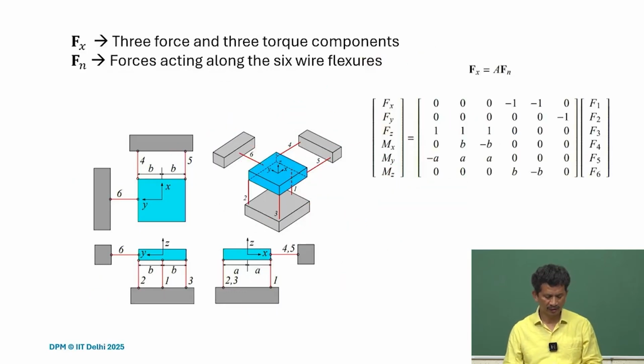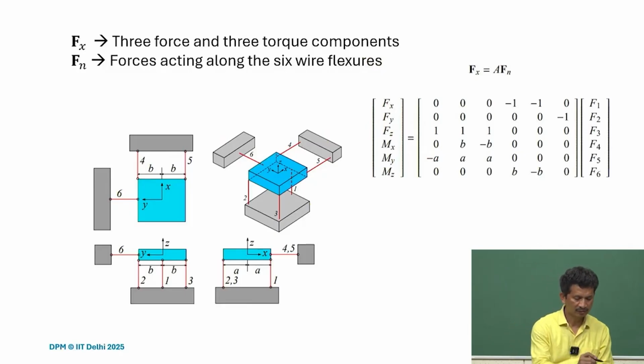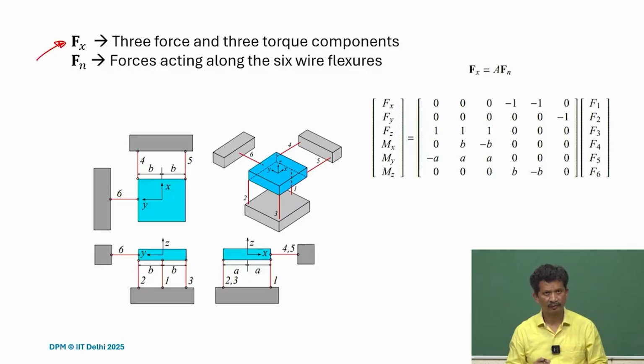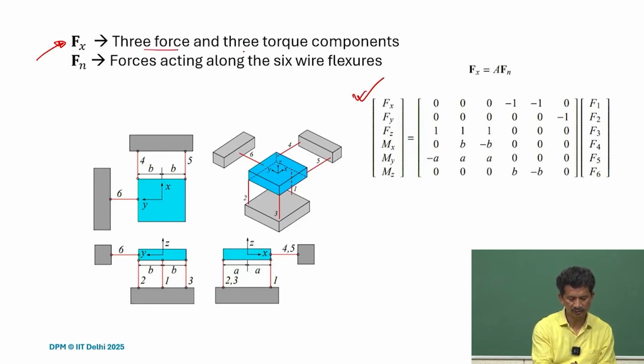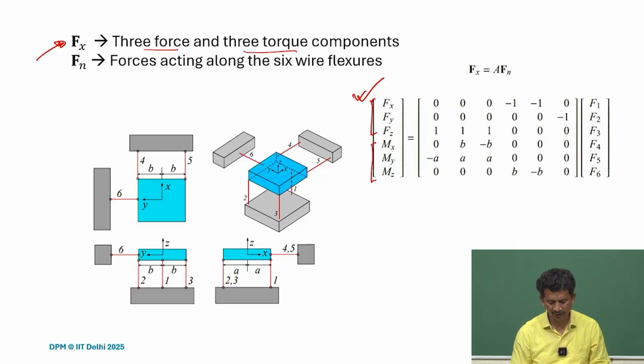So when we do that and try to summarize, what we are saying is that the bold Fx is the column vector, and it includes all the three forces and the three torque components. So Fx, Fy, Fz, and the torque components Mx, My, Mz.